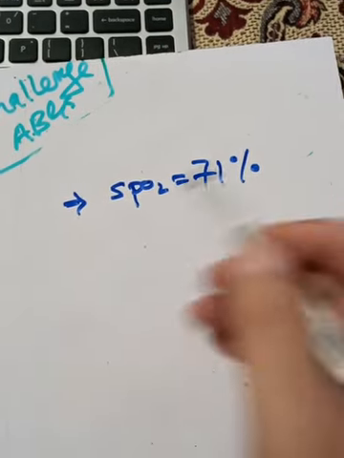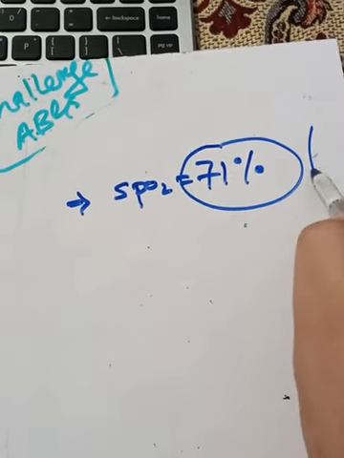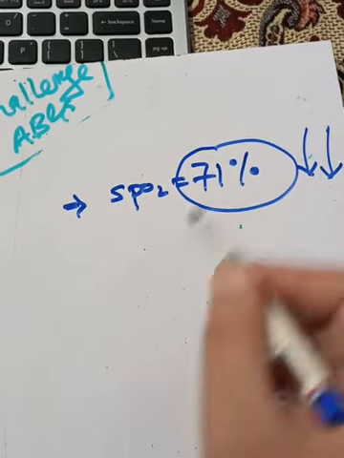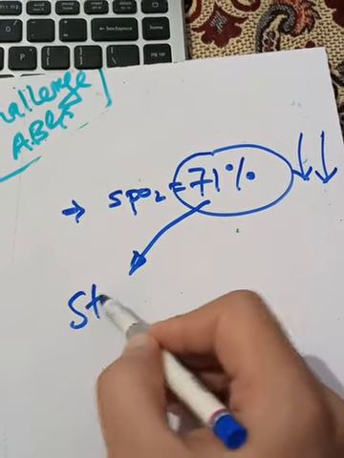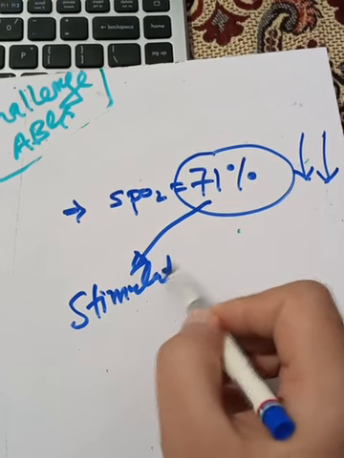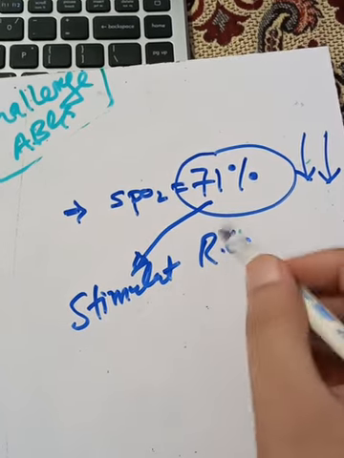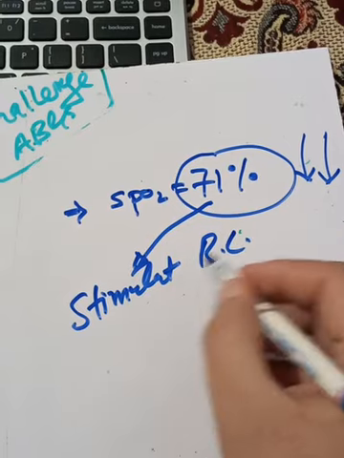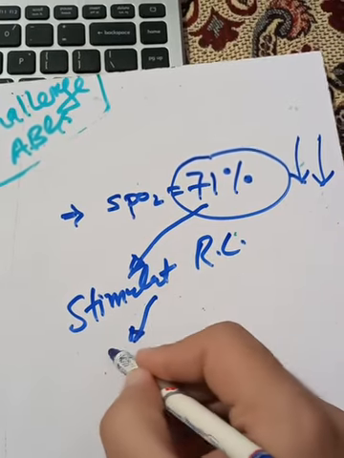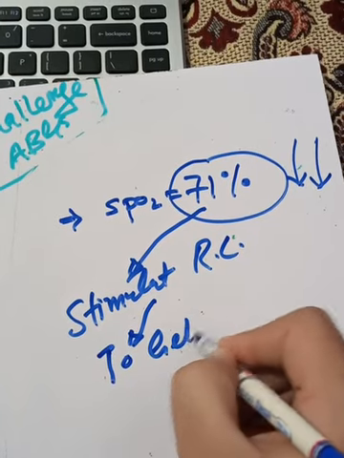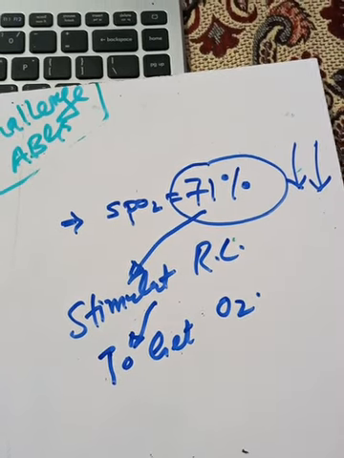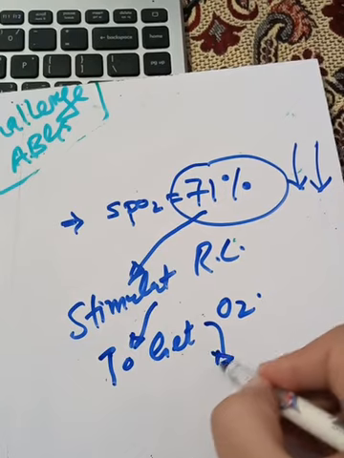The SpO2 of this patient was 71. That was pretty low. So it stimulated the respiratory center. Why did it stimulate the respiratory center? To get in more oxygen. What happened in response?